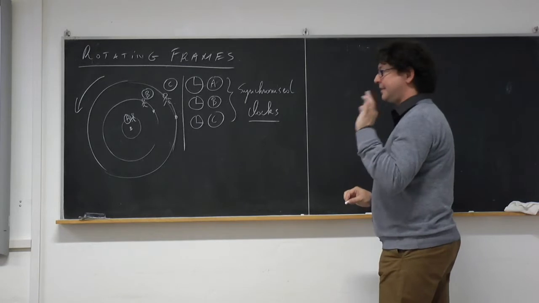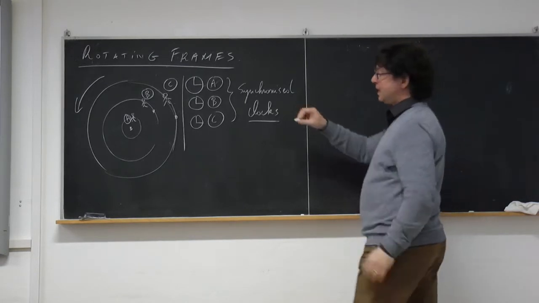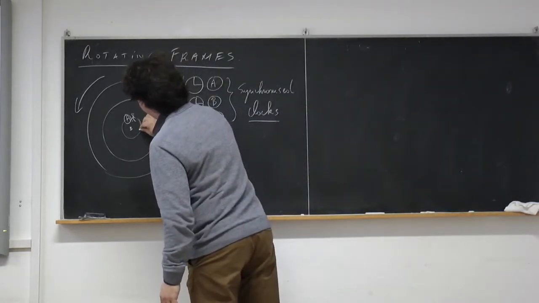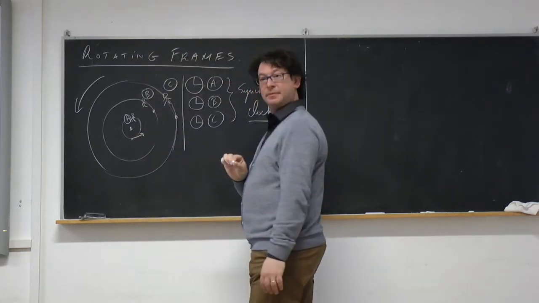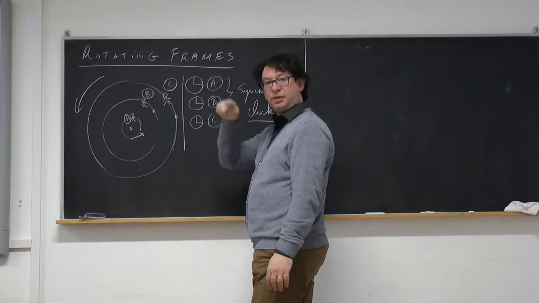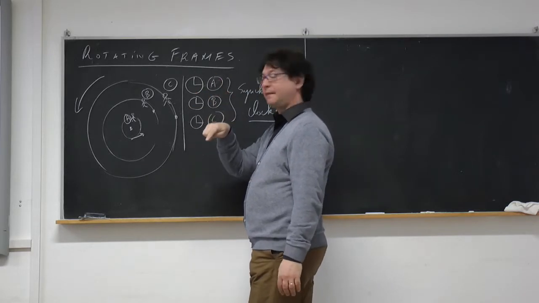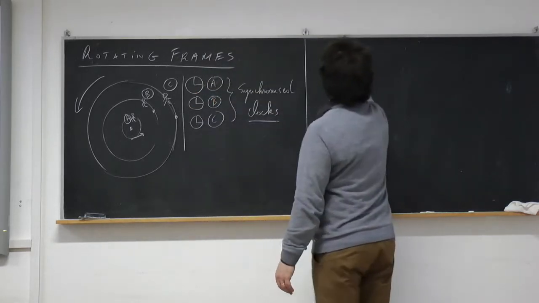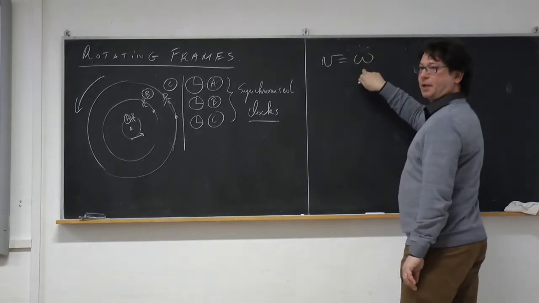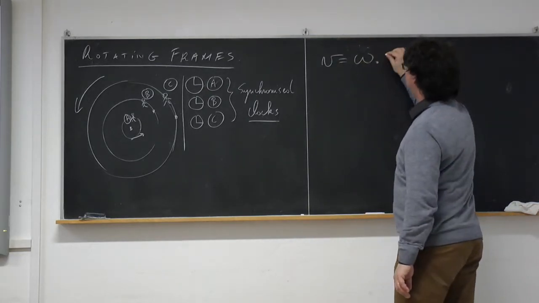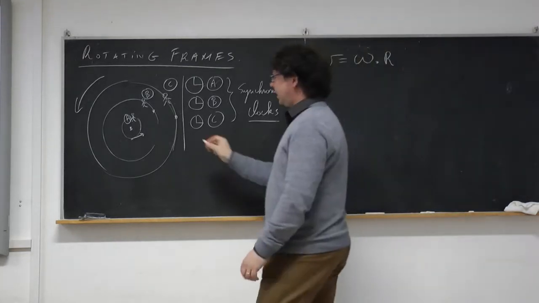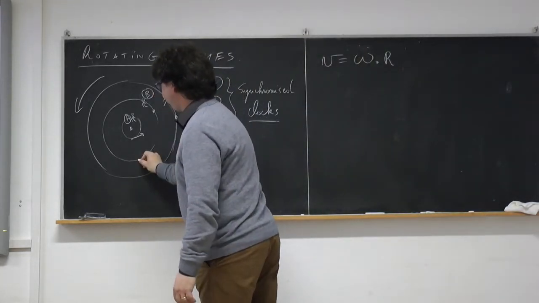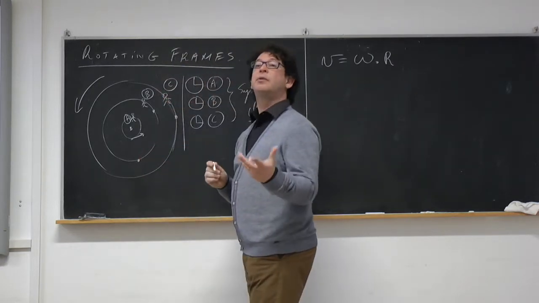Now, Einstein says, here you have an observer which has a given tangential velocity, right? Rotational tangential velocity. You know that tangential velocity is the angular velocity multiplied by the distance to the center, r. Does this observer rotate with a smaller or greater velocity?